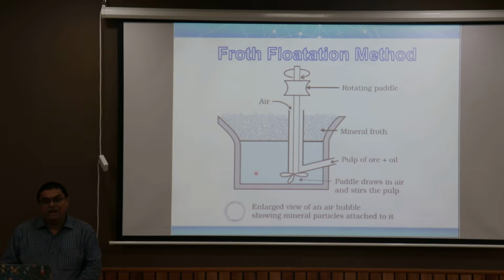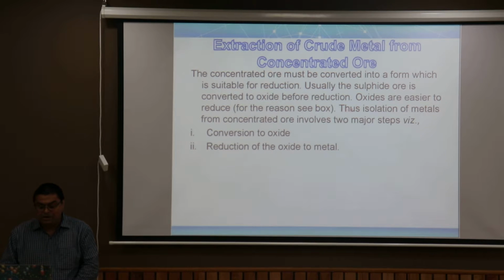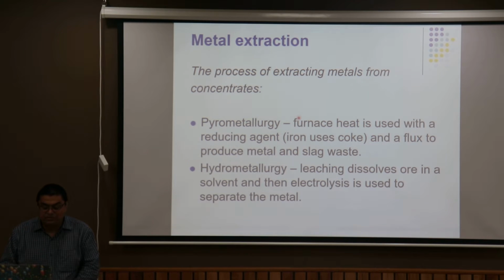If the ore and the unwanted material, which is alternatively known as gangue, are both sulfide in nature, then we need to use certain components which will preferentially wet the unwanted substance and the minerals differentially. These substances are known as stabilizers, and there are certain chemicals available such as cresol and pine oil for that.